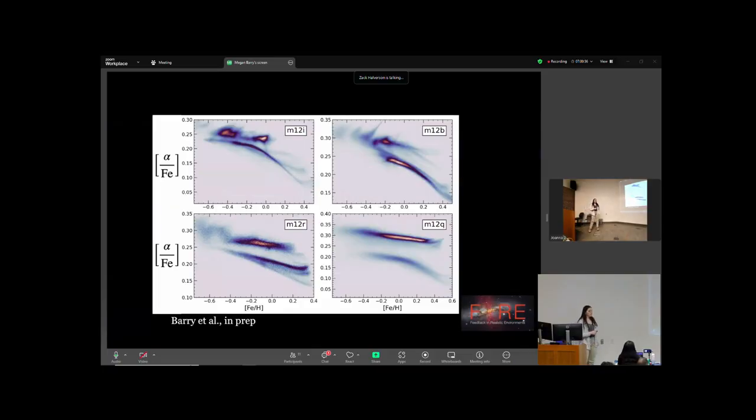But I have been looking at these four galaxies that have what we've been calling a strong bimodality. It turns out there seem to be different degrees of this feature, but that's a whole other paper. I've been looking at these four galaxies to figure out the origin of this gap, or this low alpha population, however you want to phrase it.